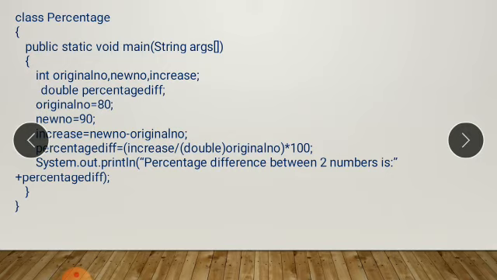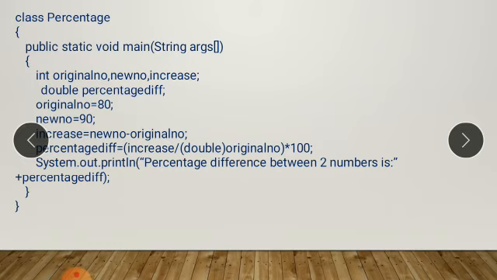Now we have to calculate the percentage difference with that difference. Percentage difference, this is a user defined variable, is equal to what we have to write? How much increase, that increase we have to take divided by original number into 100.